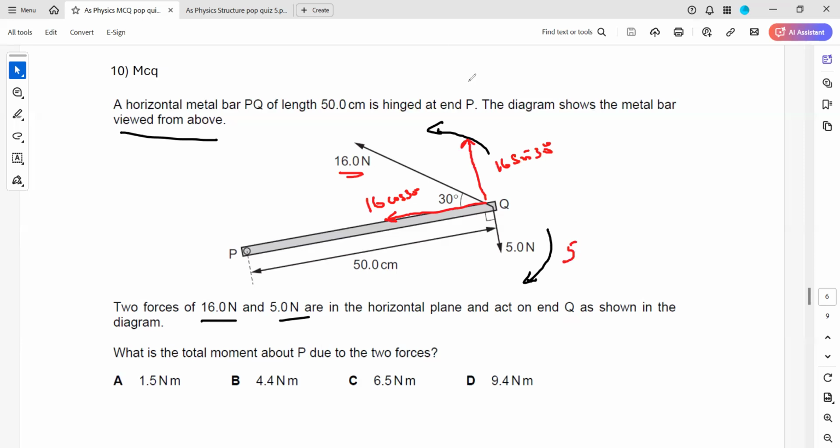This will be 5, the force, times the distance from the pivot, which is 50 centimeter or 0.5. When we multiply, we get 2.5 Newton meter. That's the clockwise. What about the anti-clockwise turning effect? This will be 16 sine 30 times 0.5, because the distance from the pivot is 0.5.